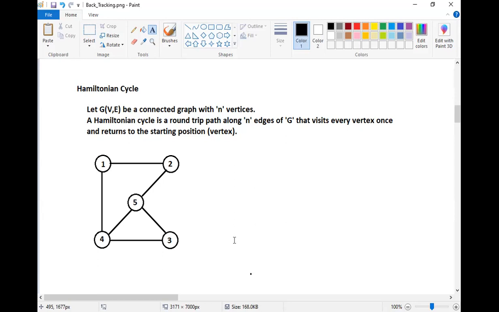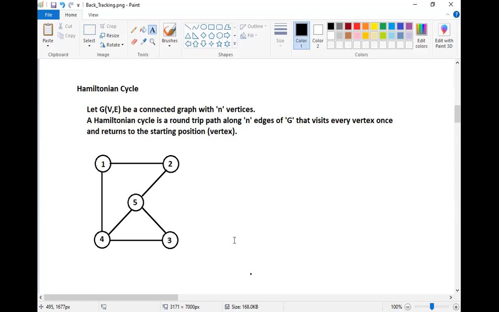The other thing it says is that we have to visit every vertex once. All 5 vertices I have to travel, and I should come back to the first vertex. For example, say the starting vertex is vertex number 1. Now, from vertex 1, where can I go? There are 2 possibilities. I can go to 2, I can go to 4.